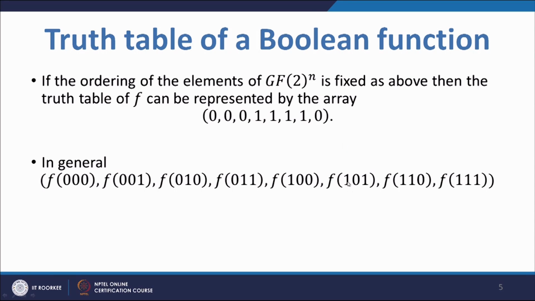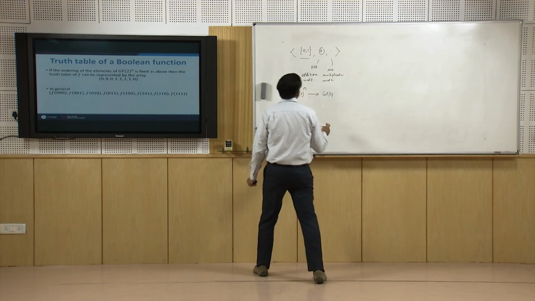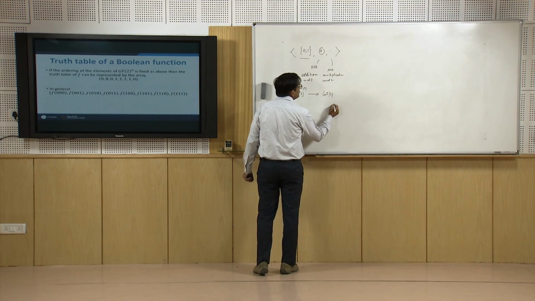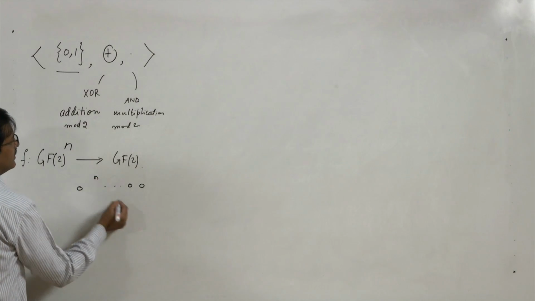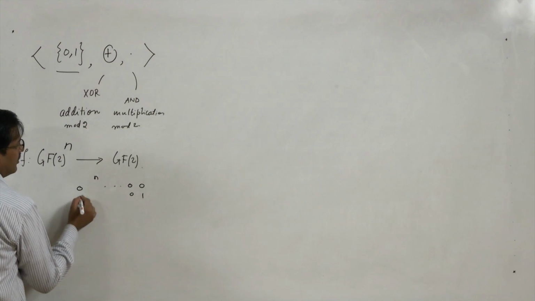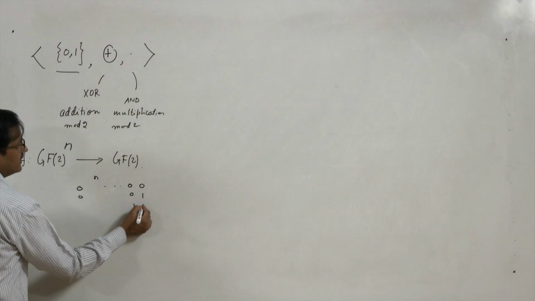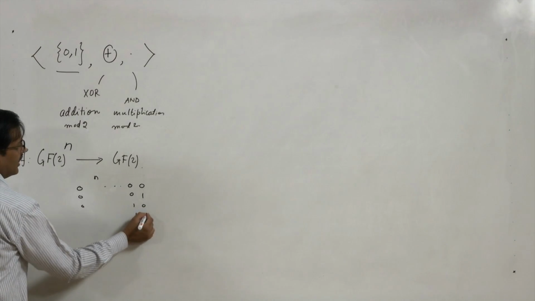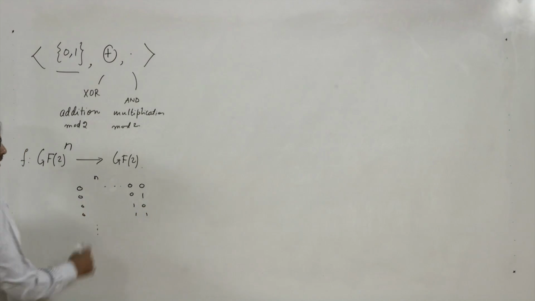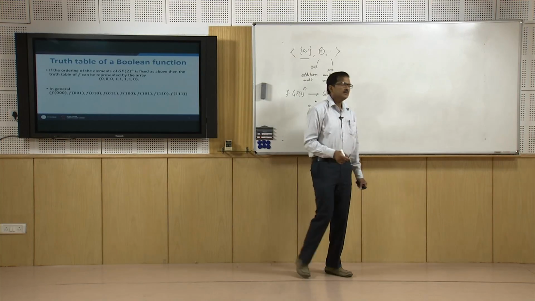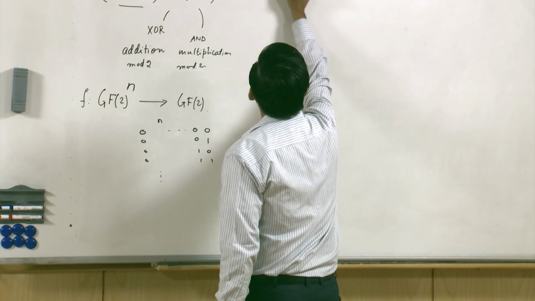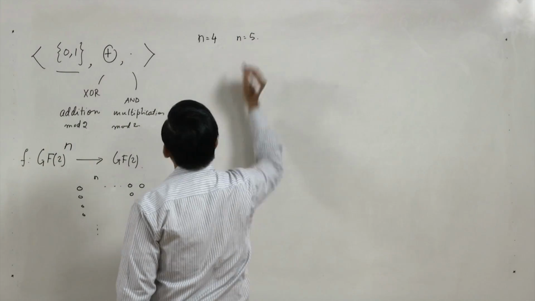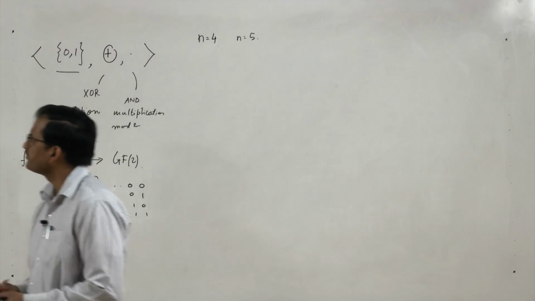If it is any n, then we will have a string of zeros of length n, then I will write 1 and all 0, then 1 0 and all 0, then 1 1 and all 0, and we know how to proceed. You may try this for n equal to 4, n equal to 5, etc., and see the ordering.